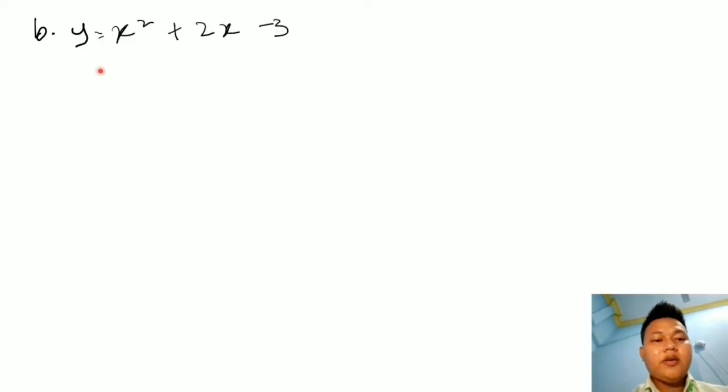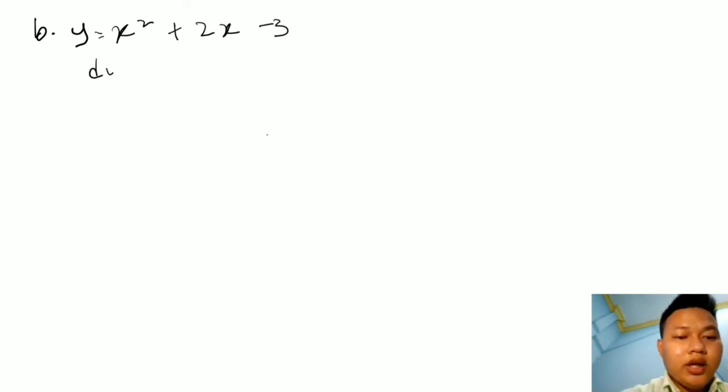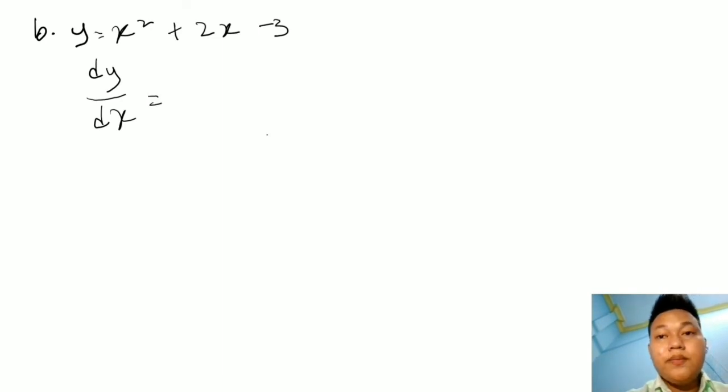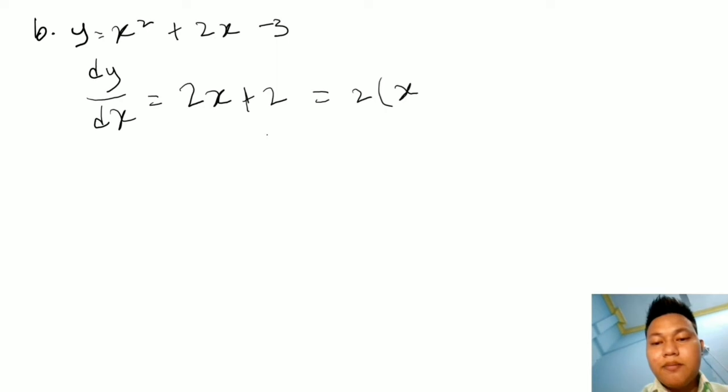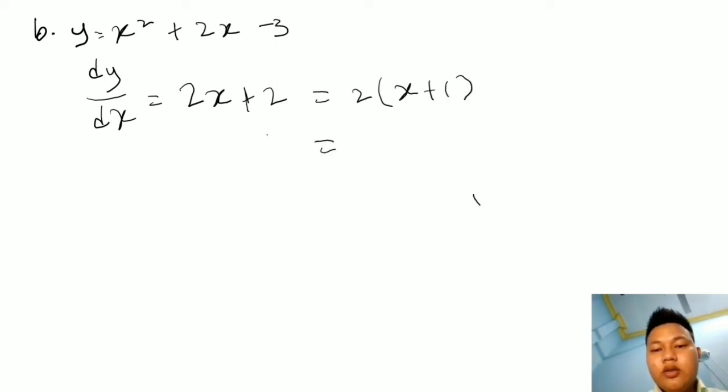For question B, y equals x squared plus 2x minus 3. We will use dy per dx equals 2x plus 2. So the answer for this is x equals negative 1.